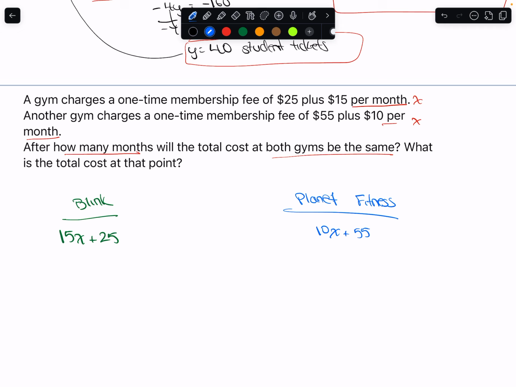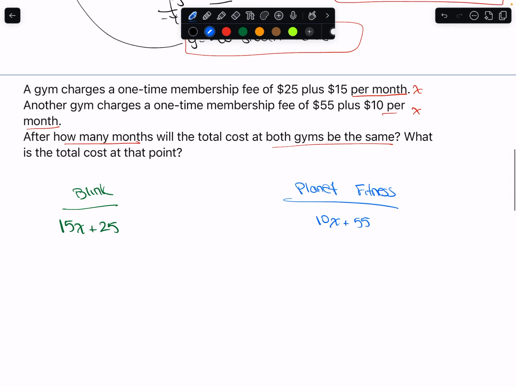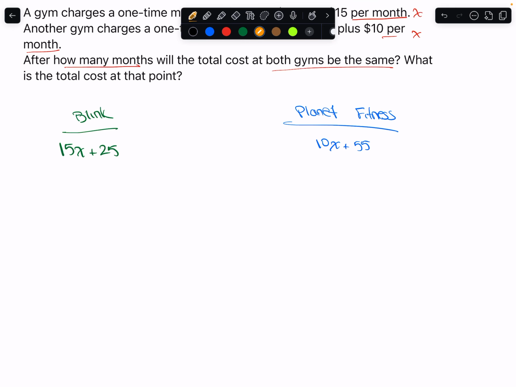In this question, it's asking for us to set it equal to each other to find out the number of months where both of these rates will intersect. In a different color, we have 15x plus 25 for Blink, and we set this equal to 10x plus 55.